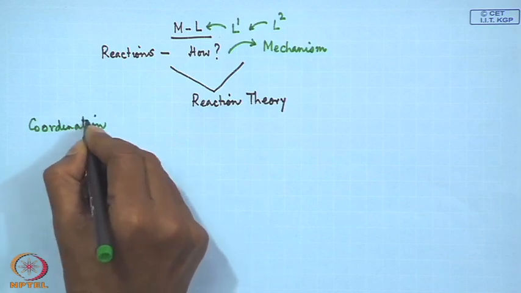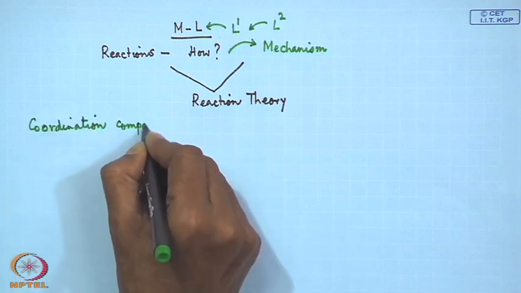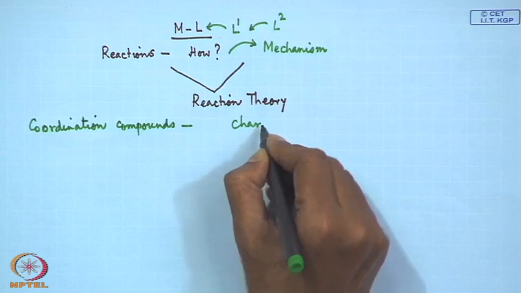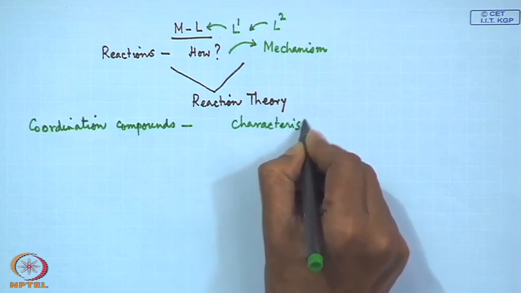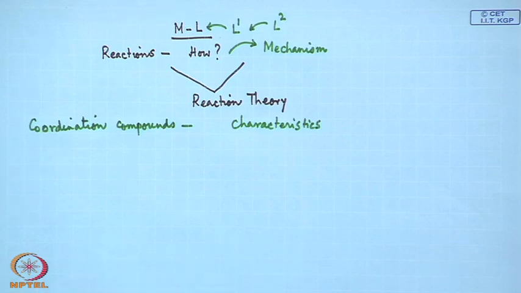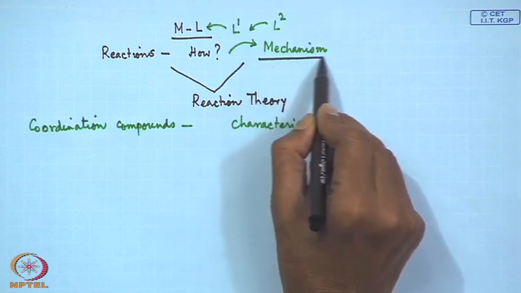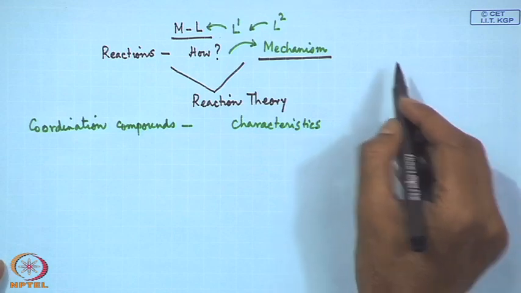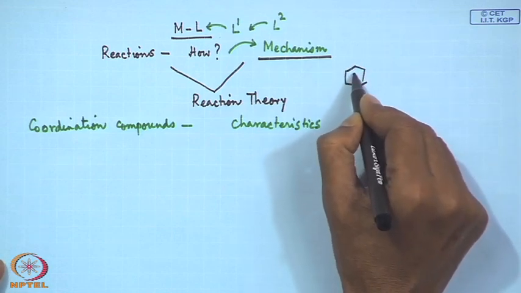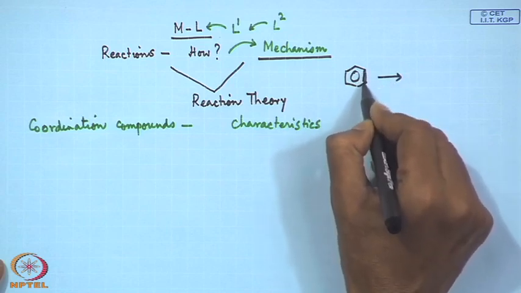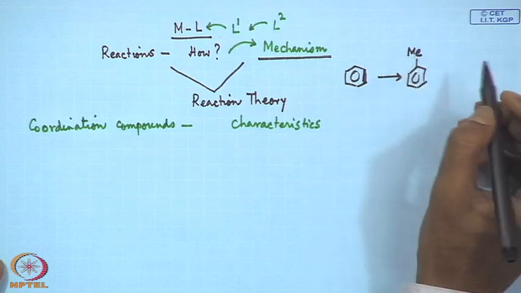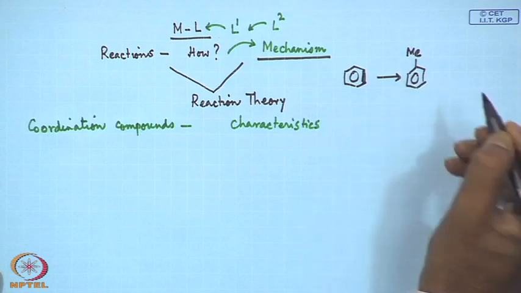So, whatever coordination compounds we have, they have some important characteristics, particularly the mechanism, because we always must have some mechanism for any organic reaction or organic transformation, such as how we can get the corresponding toluene from benzene, that means how we can add the methyl group to the benzene ring through a Friedel-Crafts reaction.